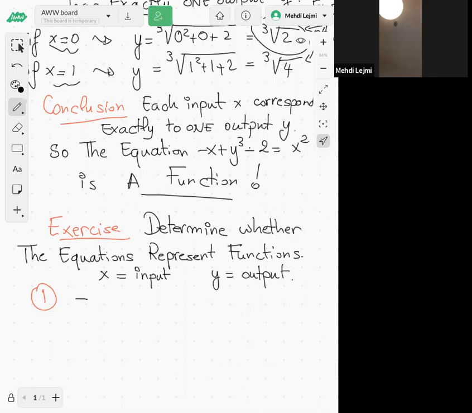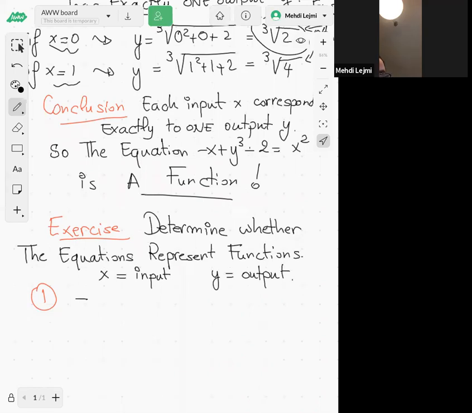Again, x and y, they're completely different variables, okay? Well, of course, the equation gives you a relation between x and y. But in general, x is your input, so x can take any value, right? And so they don't have to be the same. Okay, in general they're actually not the same.